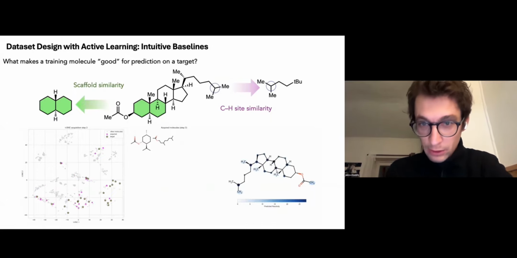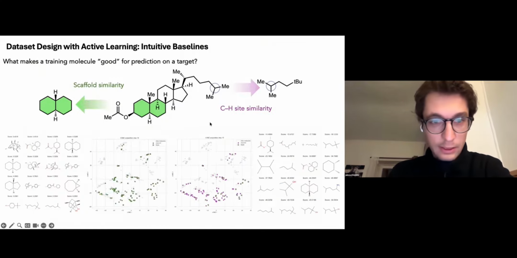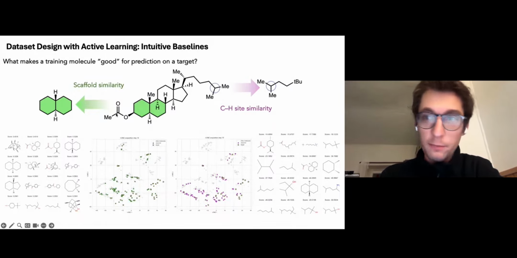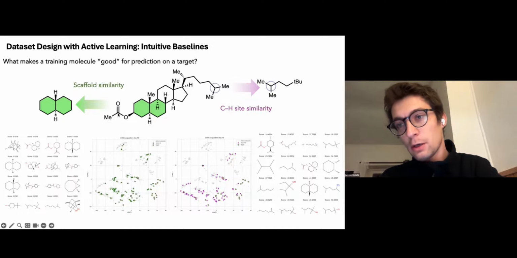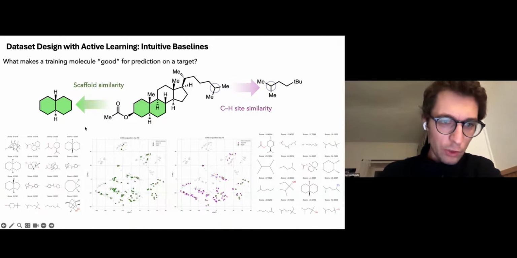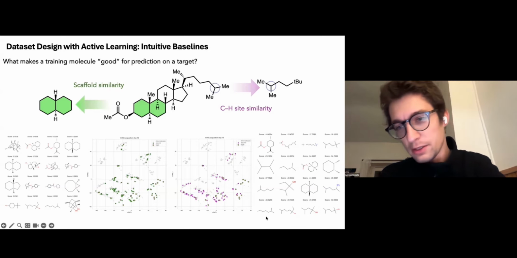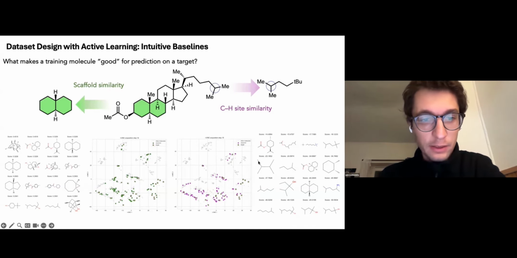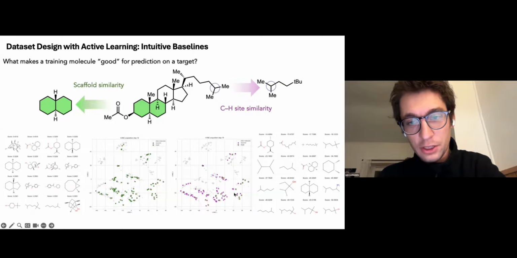So what we show here is that using different acquisition methods of small molecules, on the left the scaffold similarity, on the right the CH similarity, we get different training sets and different predictions.